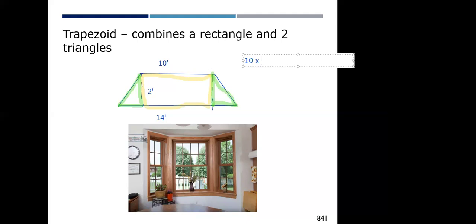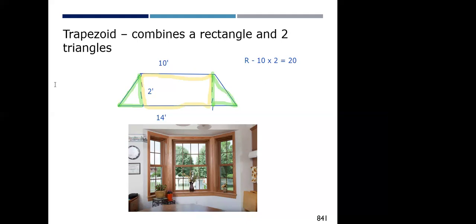So 10 times 2 for my rectangle gives me 20 square feet. This is my rectangle. So I took 10 by 2, the shape of my rectangle, and I got 20 square feet. Now we got to go back and get the triangles.